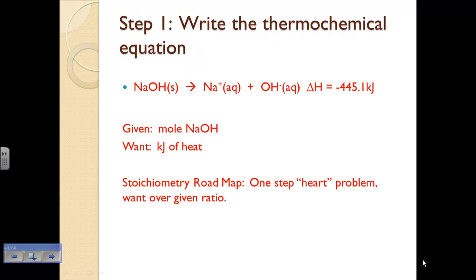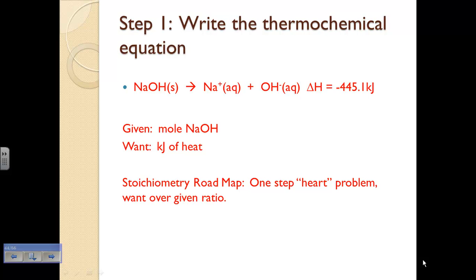Step number one in writing any problem out is to write out your balanced equation, the recipe. Here we see NaOH solid, when placed into water, breaks apart into its aqueous ions, Na plus and OH negative ions. I need you to write that down, the balanced equation, just as we had wrote it a moment ago. NaOH solid dissociates, which means breaks apart, forming an aqueous sodium ion.